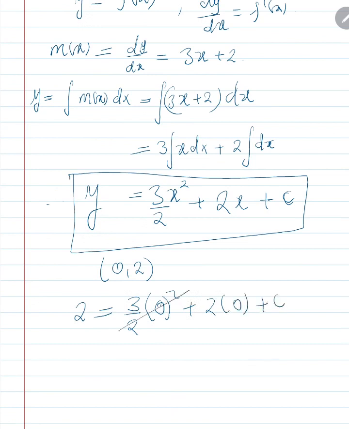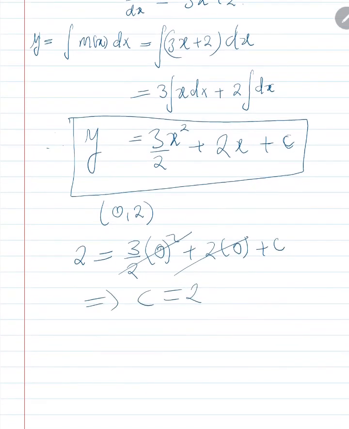This is 0, this is 0, which implies c is equal to 2. So therefore, y is equal to 3 over 2 x squared plus 2x plus 2. This is the last question in the first section.